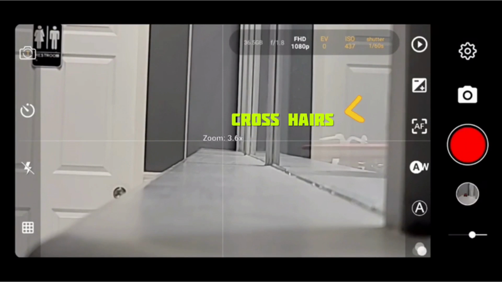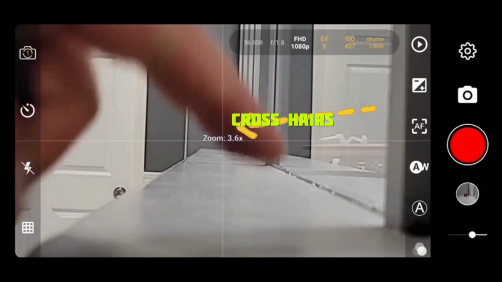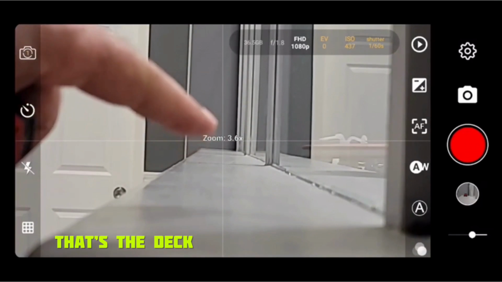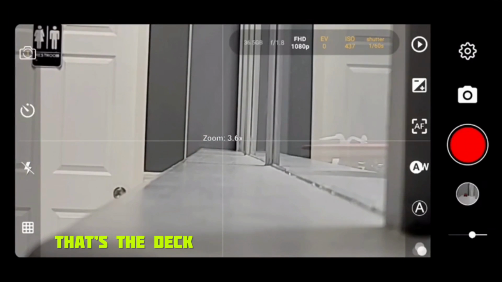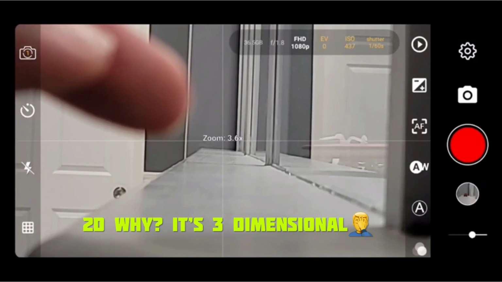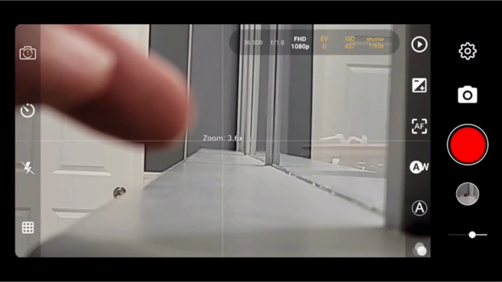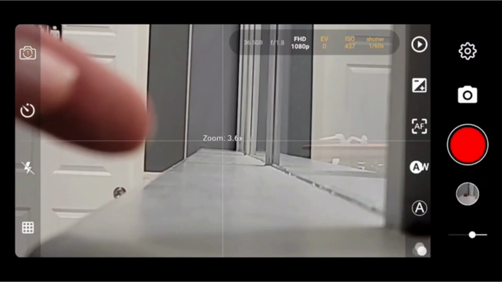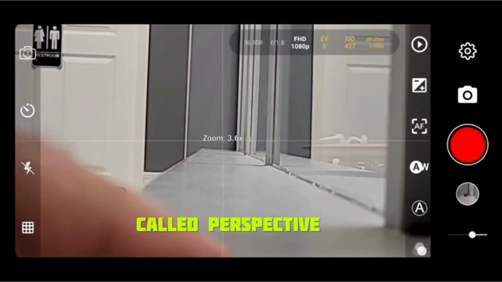Now, here's the deal. This, what you see over here, I'm going to treat as a two-dimensional image. Okay. So right here at the back, it looks like it's further up than here, right?